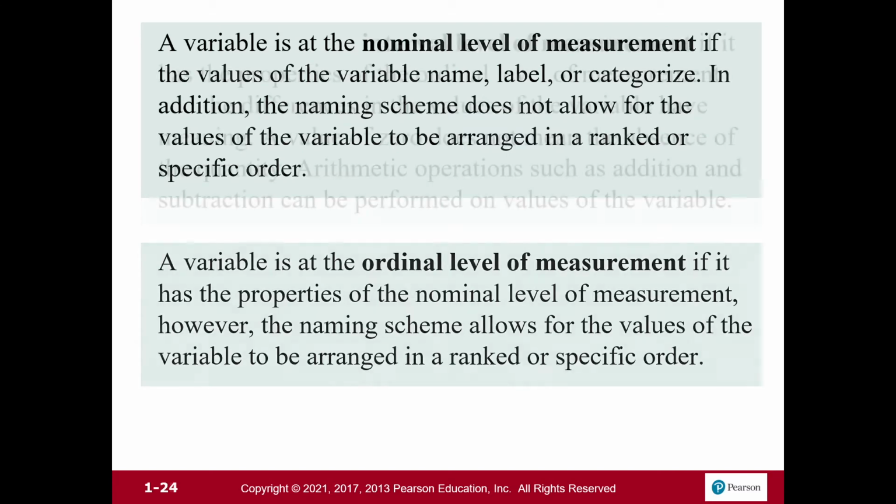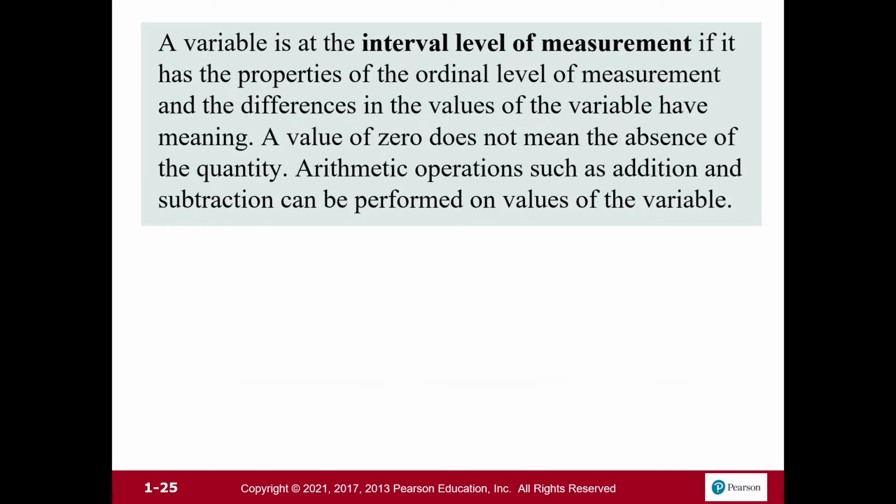And now we have the other level here, the interval level. A variable is at the interval level of measurement if it has the properties of ordinal level of measurement and the differences in the values of the variable have meaning. A value of 0 does not mean the absence of the quantity.